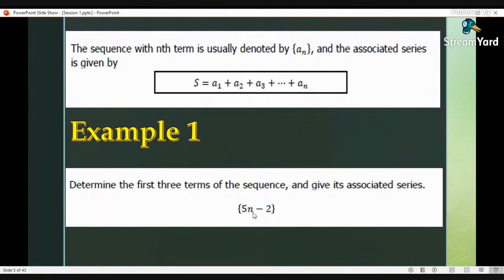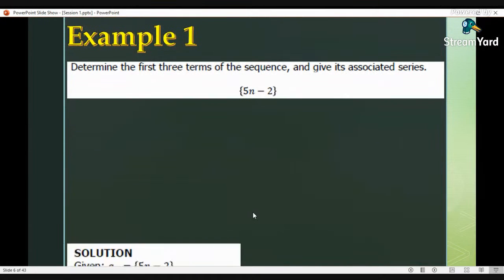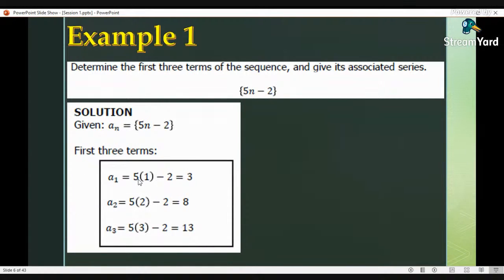For a sub 1, we have 5 times 1 minus 2, which is 5 minus 2 equals 3. Then for a sub 2, the second term, we have 5 times 2 minus 2: 5 times 2 equals 10, minus 2 equals 8. And for a sub 3, we have 5 times 3, which is 15, minus 2 equals 13.